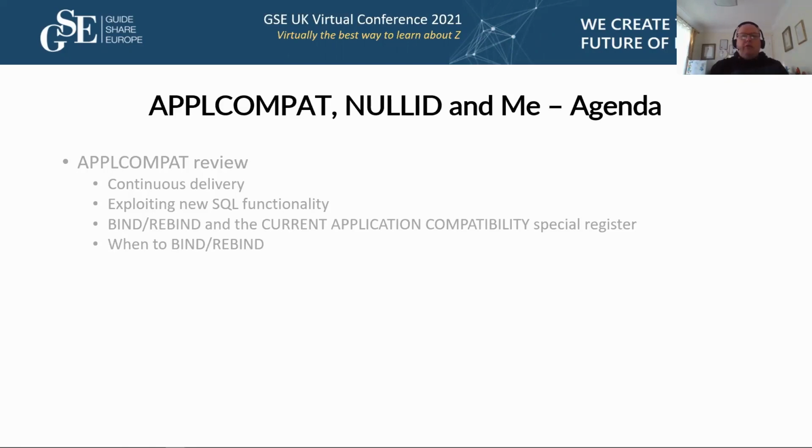Now I know that package will still execute with the LISTAGG function in, even though we've gone back to 500*. If I try and rebind that package and the bind cards had APPLCOMPAT 501, what's going to happen?